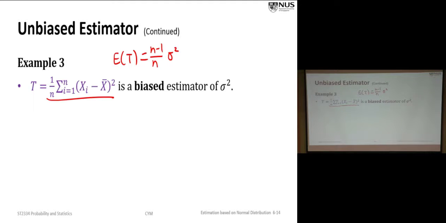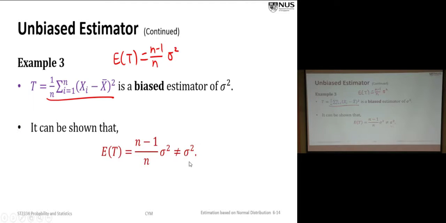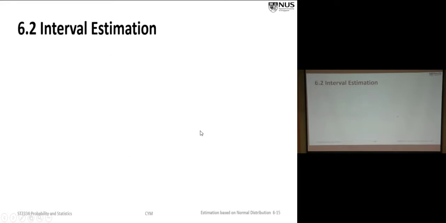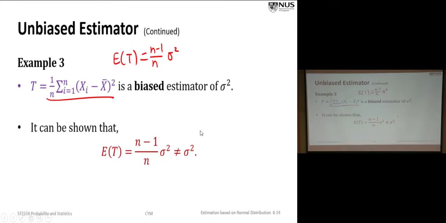So it's a biased estimator. But although it's biased, think of it: if n is getting bigger and bigger, what can you say about n minus 1 over n?